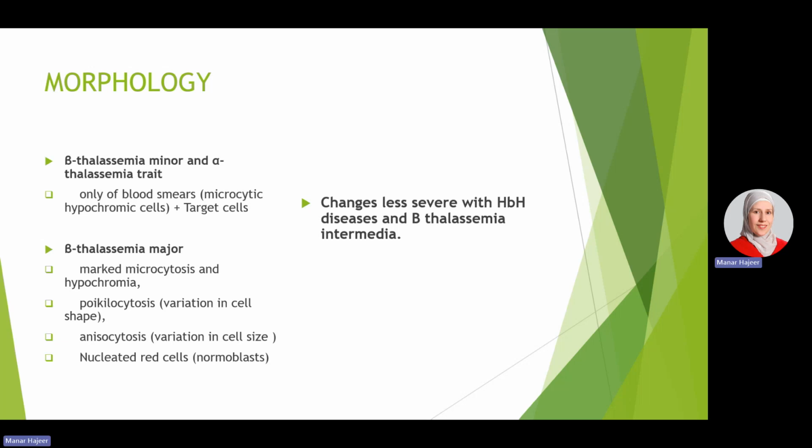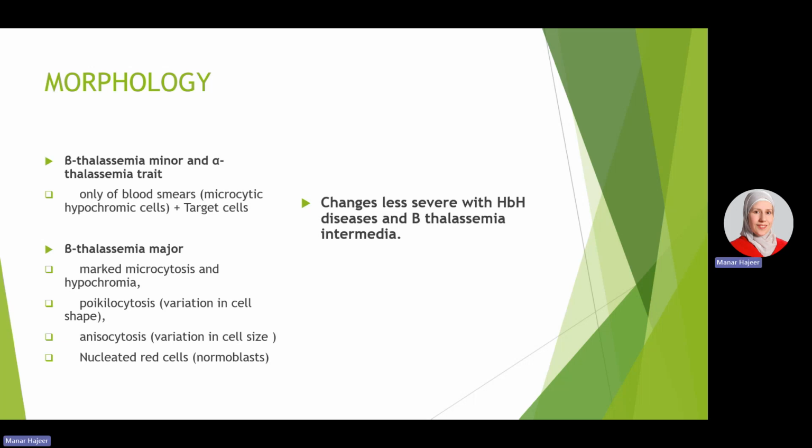In patients with beta thalassemia major, there will be marked microcytosis, markedly decreased size of the red blood cells, and hypochromia with increased central pallor. Also, we have poikilocytosis, which is variation in the cell shape, and anisocytosis, which is variation in cell size.